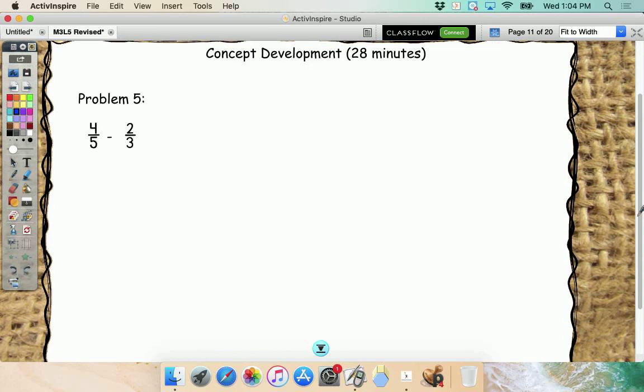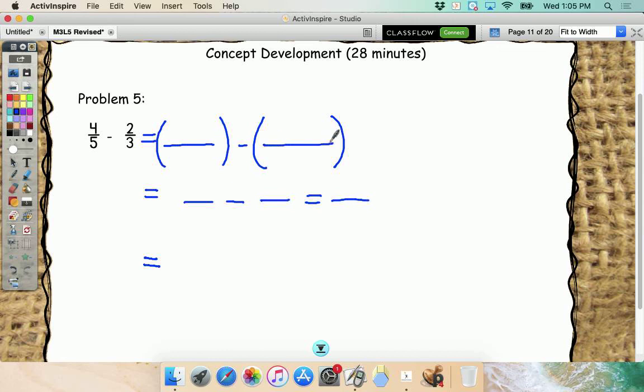Kaden, what do you need? Well, just get more scratch paper if you need it. Okay, I'll do it on the other side. So Tucker, what's the common denominator for 5 and 3? 15. Good.